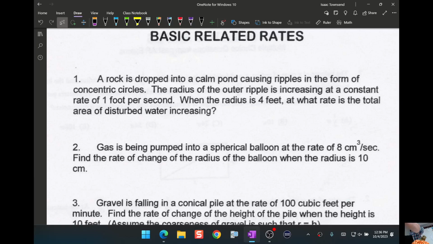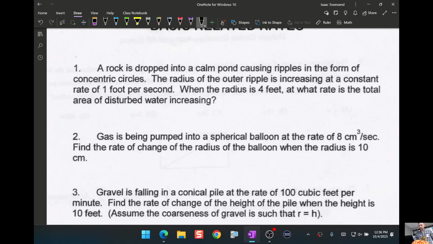And I guess you can use the calculator on these, but I don't know that it's really going to do much. Looks like for question 2 you need to know the volume of the sphere, so I did write that on the board for you.